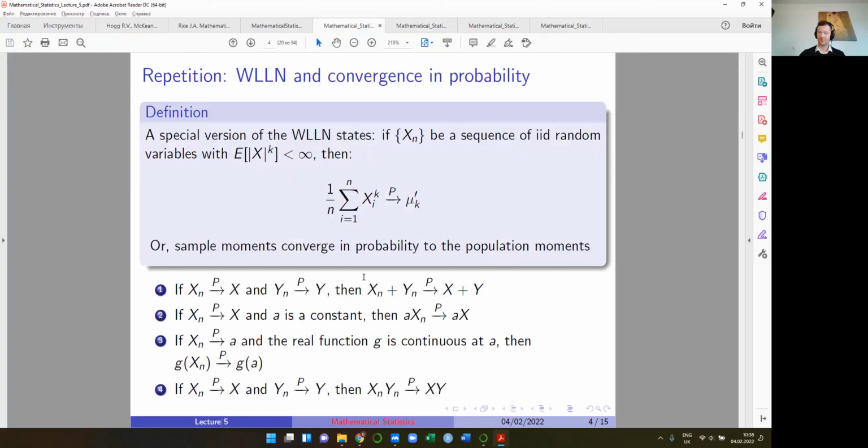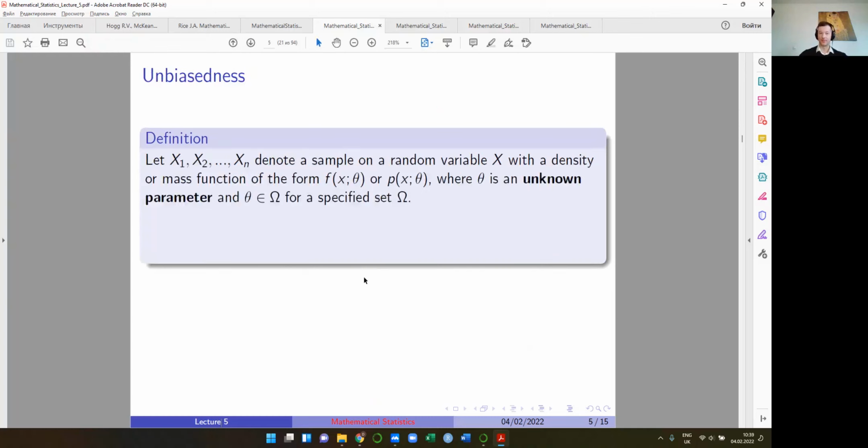Any questions here? I guess not yet. Okay. Everything here is on purpose, so in the subsequent slides you will see the use of all of these things.